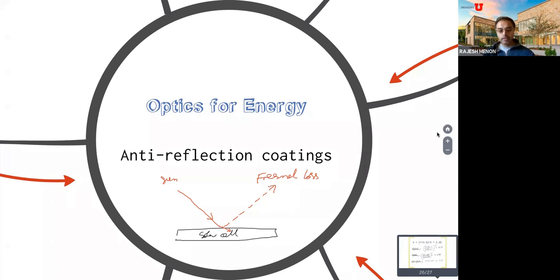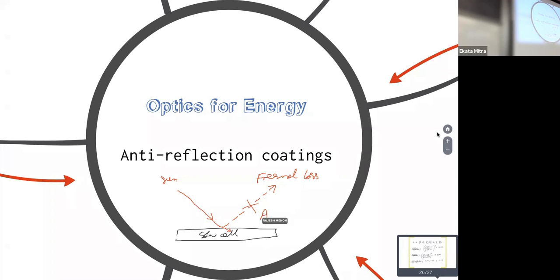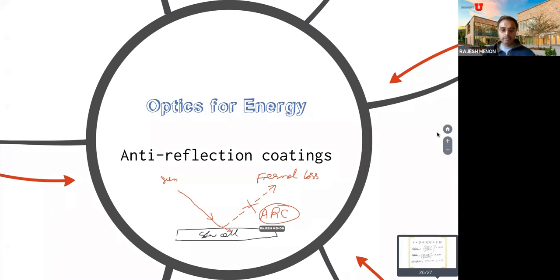You saw this when we talked about the loss of reflection. Now, this is a problem, right? You want to minimize this as much as possible because this is essentially lost. It doesn't enter the solar cell. So it's gone. So you really want to minimize this. That is the purpose of the ARC, the anti-reflection coating. I'll refer to this as ARC.